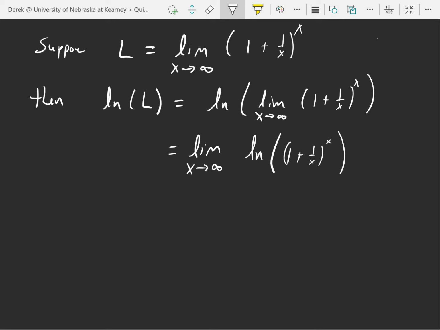And now we can use logarithm rules. This is the limit as x goes to infinity of x times the natural log of 1 plus 1 over x. And now I've got sort of an infinity times infinity situation.